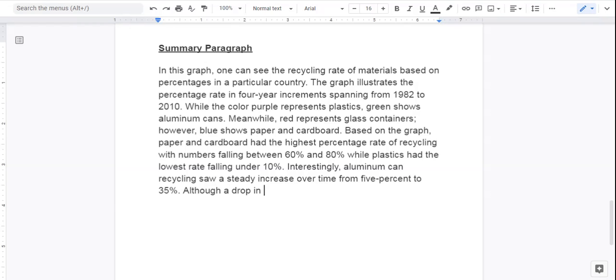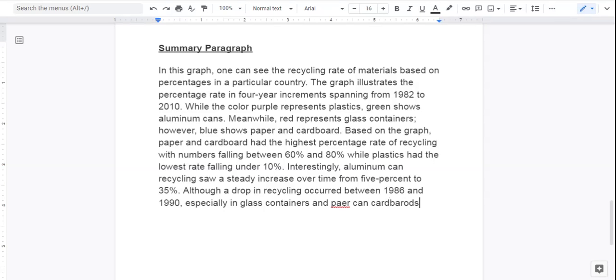Although a drop in recycling between 1986 and 1990, especially in glass containers, in paper and cardboard and glass containers, cardboard.